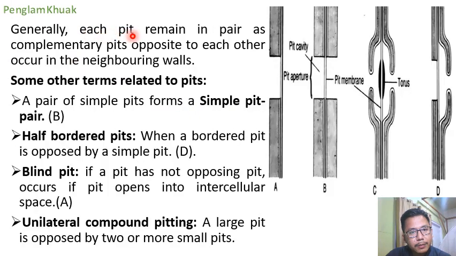In general, each pit remains in pairs. Pair means two. One pair will contain two pits, as complementary pits occur opposite to each other in the neighboring walls.